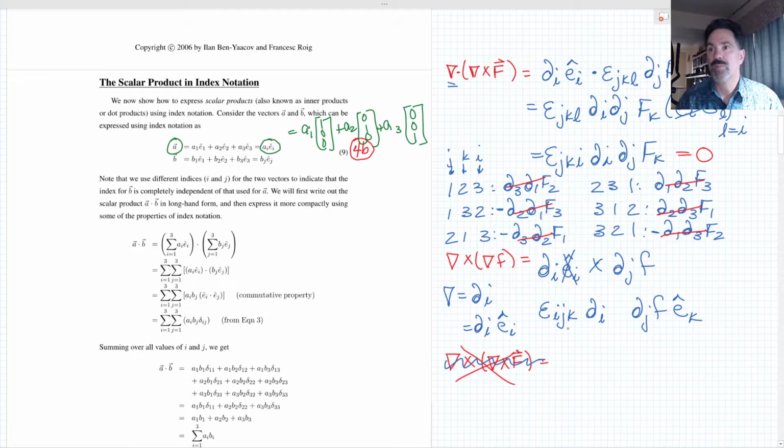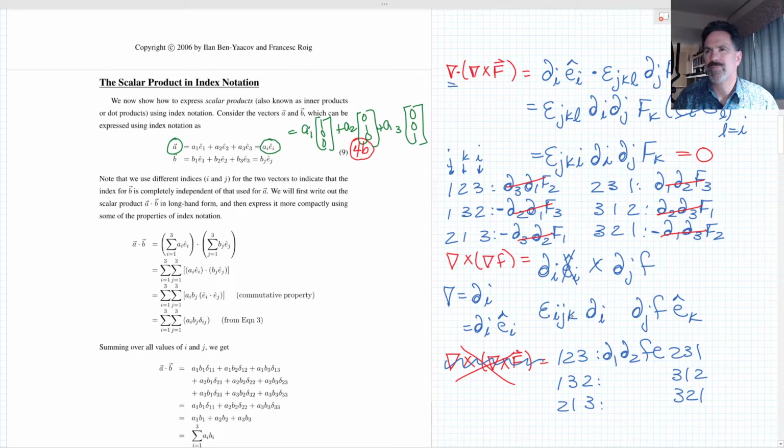And now I have this set up here, and looking again at my combinations, I go through the 1, 2, 3 and the 1, 3, 2 and the 2, 1, 3, and then similarly I have a 2, 3, 1 and a 3, 1, 2 and a 3, 2, 1. I'm not going to go through all of these, but what you'll see, of course, is i, j, so I have partial 1, partial 2, f in the e3 direction.